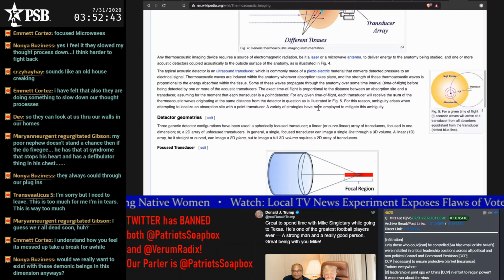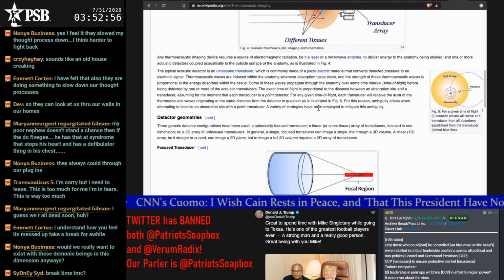So they irradiate tissue, an organ, a baby, a whatever, and then they measure the sound waves that are generated by the tissue being heated up rapidly and cooled rapidly. And then they measure the amount of time it takes for those sound waves that are made to be received by the ultrasound transducer. And based on the time of flight, they're able to say what tissue was absorbed where, and then recreate a three-dimensional object.